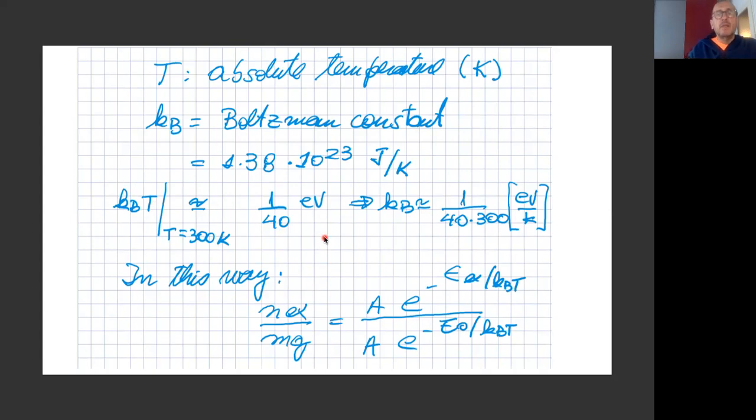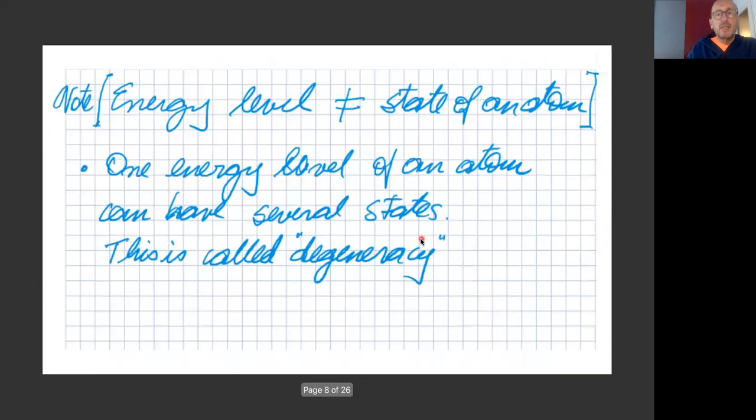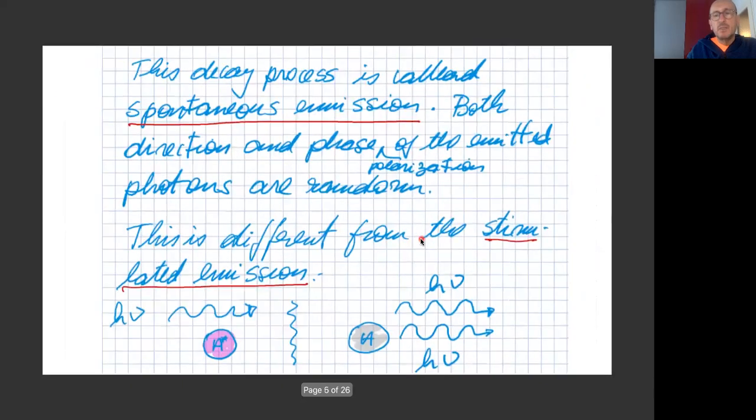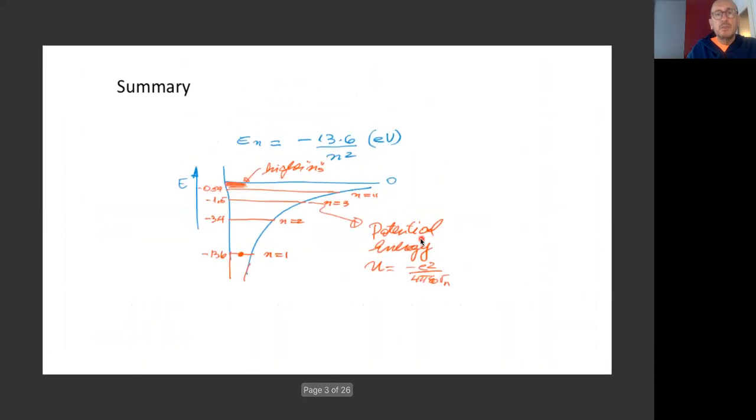If a system like my happy hydrogen atom makes a transition from the state at minus 1.5 to the one at minus 3.4, from here to here, it will emit a visible photon. Essentially anything that goes from here to here will emit a visible photon, and this particular transition is probably on the red side of the spectrum.